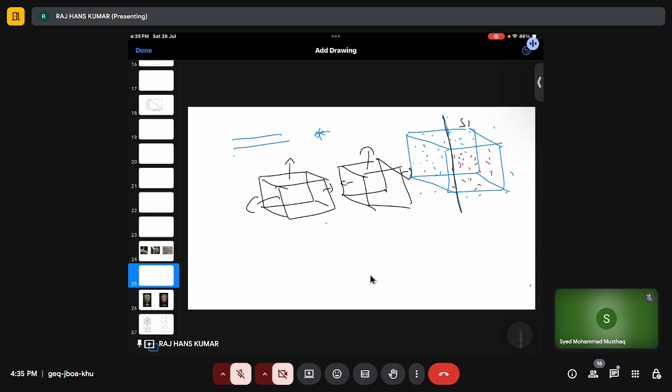Now again, I'm going to cut these two guys into halves. So again I will have 4 cubes. Again I will have 4 new surfaces. Each cube will give 2 new surfaces. This guy will give 2, this guy will give 2, this guy will give 2.